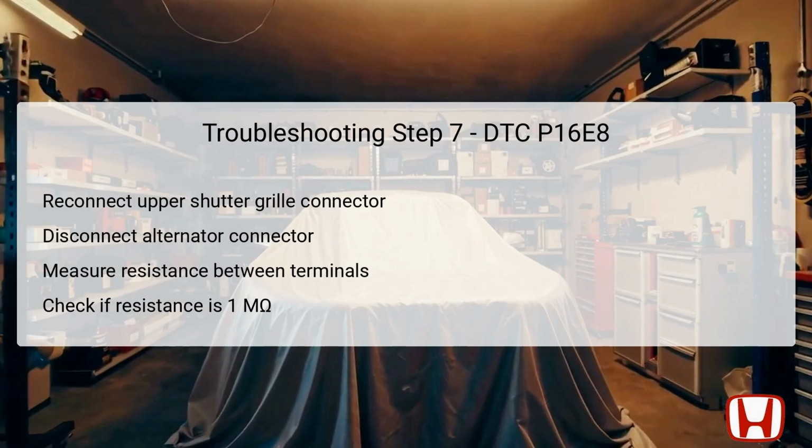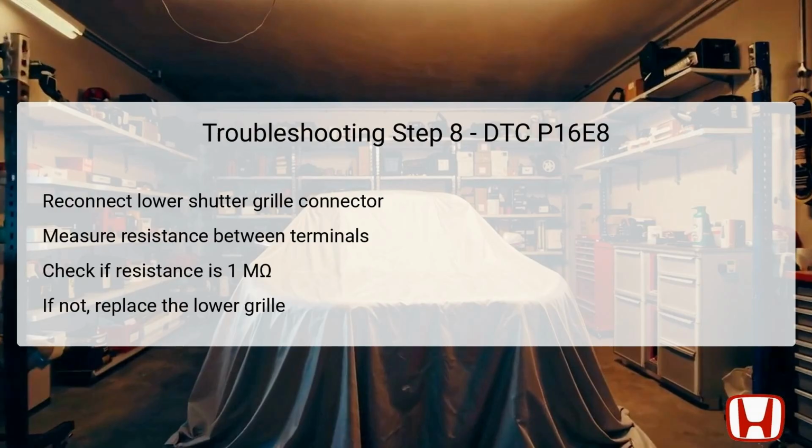Just like previous resistance checks, determining whether the resistance is above 1 megaohm plays a pivotal role in discerning if the system is functioning correctly. If the value recorded is indeed acceptable, the procedure can advance to Step 8. However, if it fails the resistance test, replacing the upper shutter grille will be necessitated.